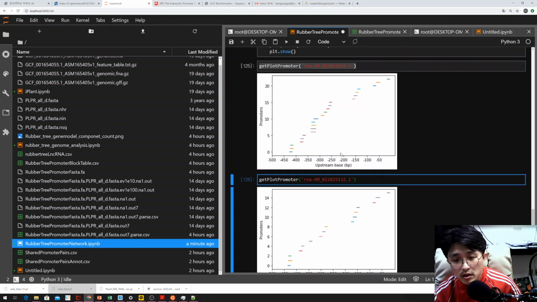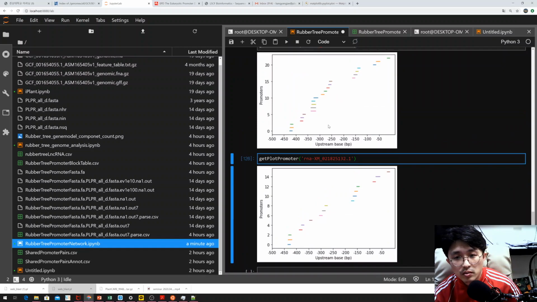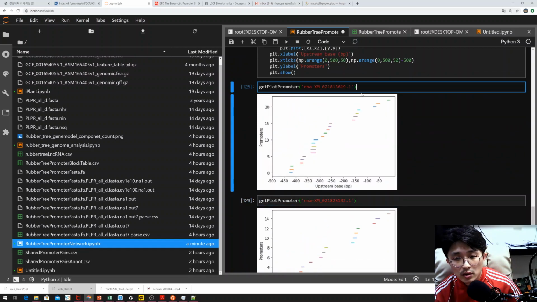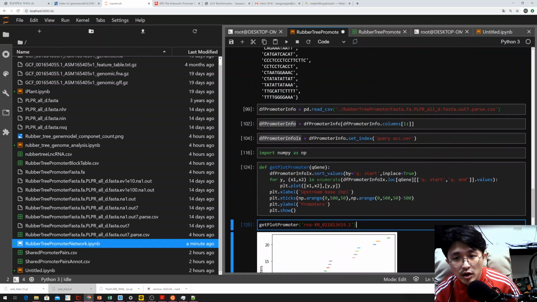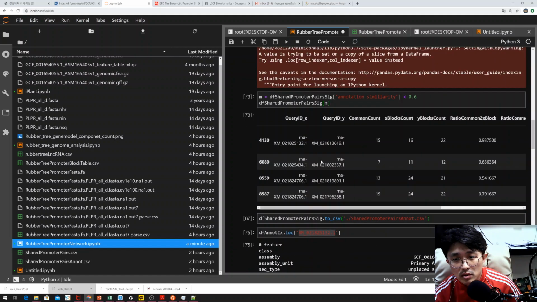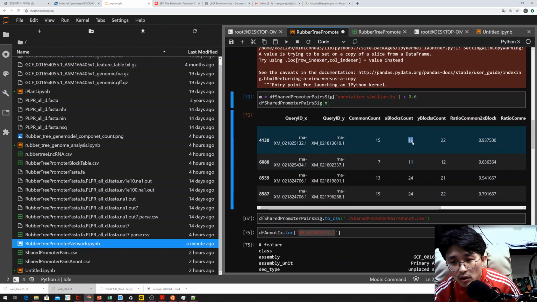Okay, so the distribution of these two, actually it shares the sequences. One has 22 blocks and the other has 16 blocks, but the common count is 15. So if you compare with the 16 block count, then more than 90% is shared. But if you compare with the other one, then it is just 15, so it's like 68%.